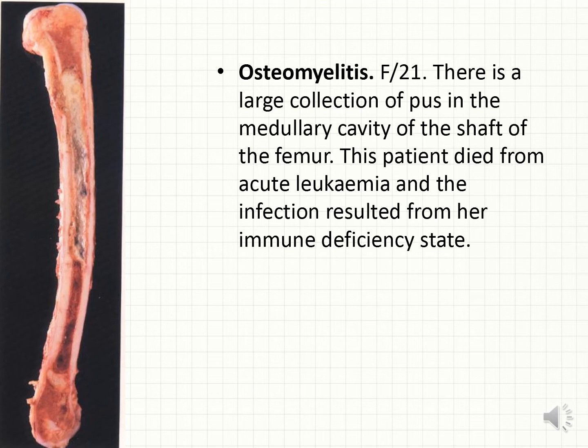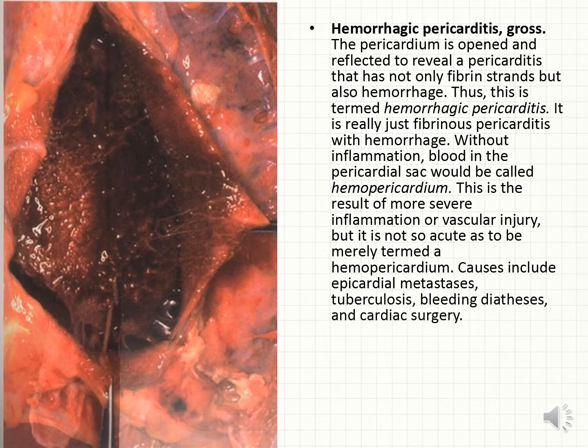It stimulated the suppurative inflammation of the bones, and we see here the cross-section of the bone in medullary cavity of the femur, and the diagnosis of osteomyelitis was made.